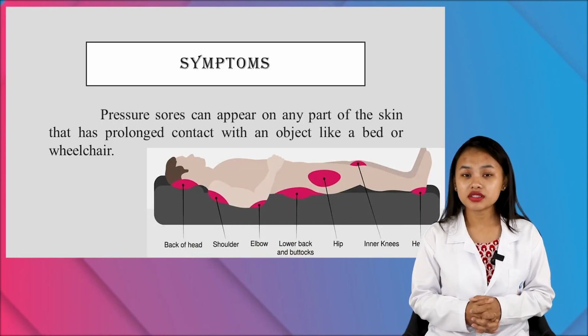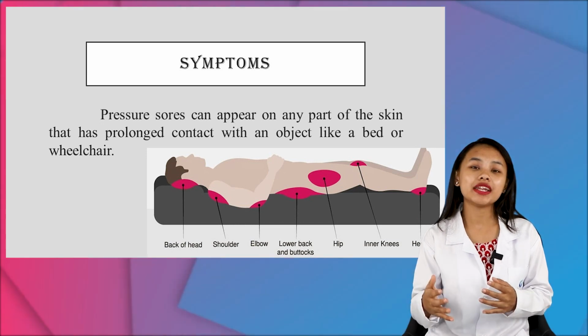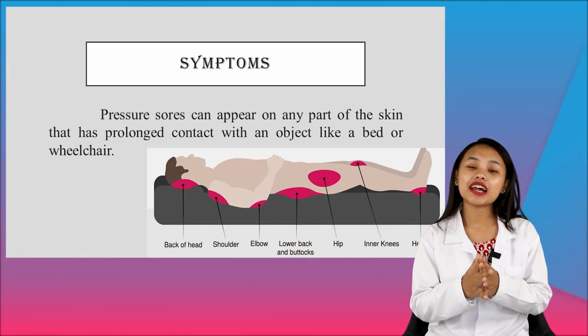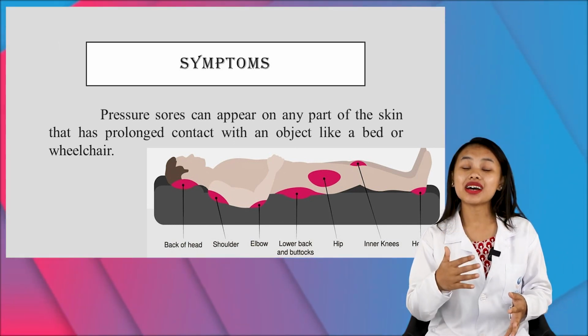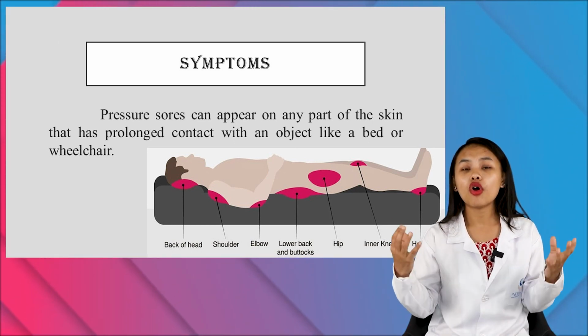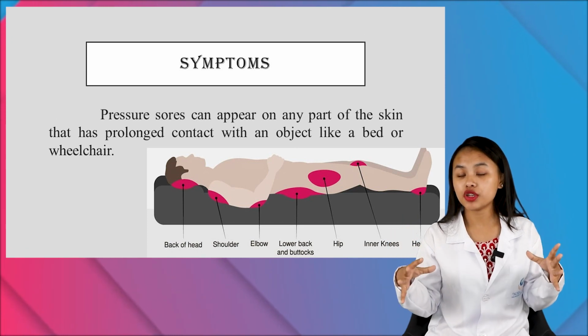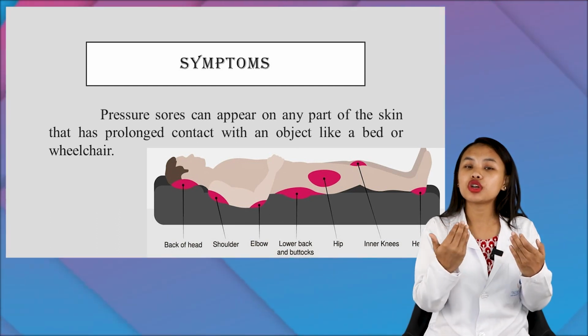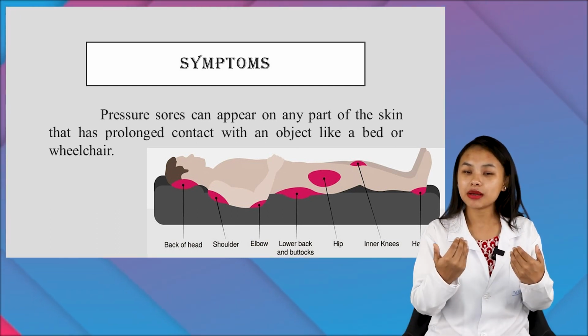So what are the symptoms that we can find in a person developing this condition? Here, as we have discussed, this ulcer can occur on any parts of the body on which a person will be constantly pressuring themselves.